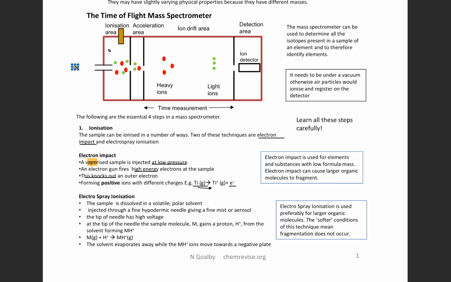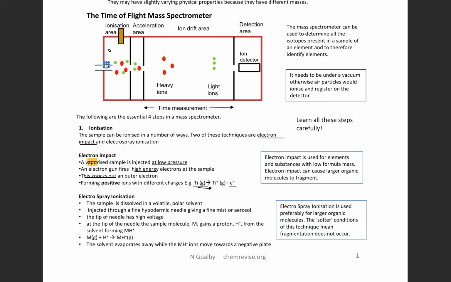So your vaporized sample is injected into your ionization area to be ionized by the process of electron impact, and it is injected at low pressures.